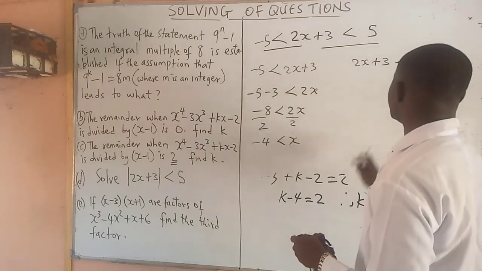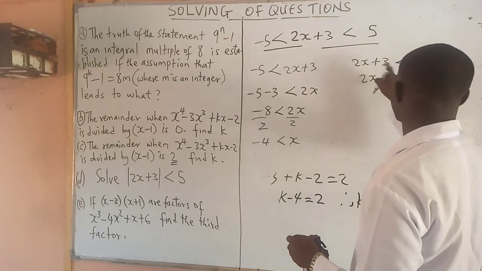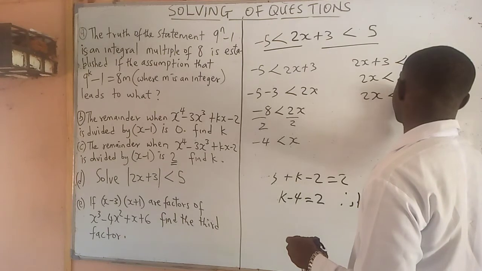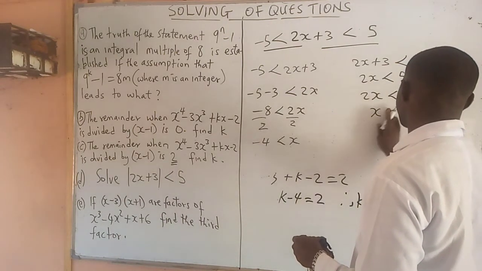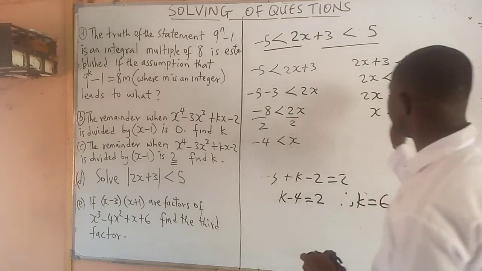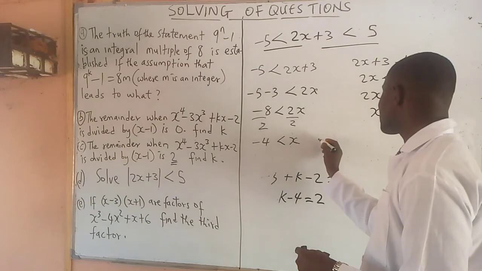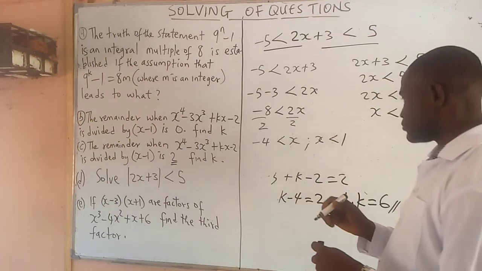Then you come to the other one. You now say this is 2x less than 5 minus 3, 2x less than 2, x less than 1 when you divide. So we have minus 4 is less than x, and x is also less than 1.